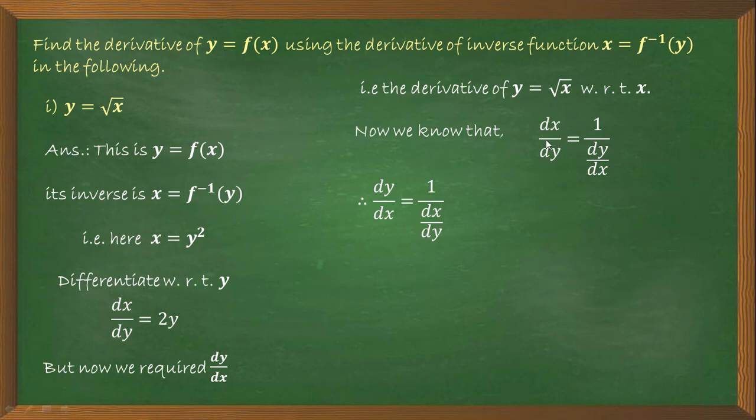See here, this is the original relation: dx by dy is equal to 1 upon dy by dx, so dy by dx is equal to 1 upon dx by dy. So next step, dy by dx is equal to 1 upon 2y, because dx by dy is equal to 2y. Just put the value here.